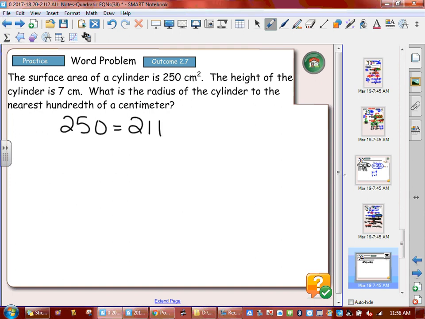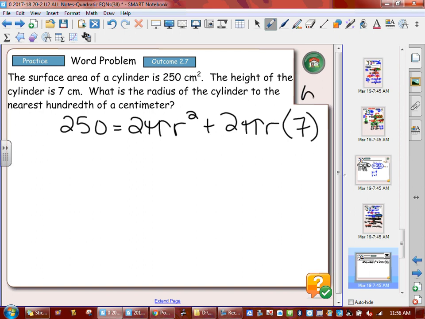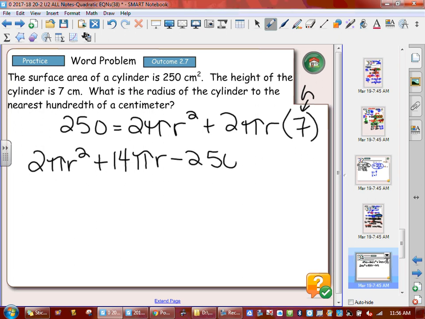That's the h. Okay? So we're going to rearrange it to become 2 pi r squared plus 14 pi r minus 250 equals 0. Our A is 2 pi, our B is 14 pi, and our C is negative 250.